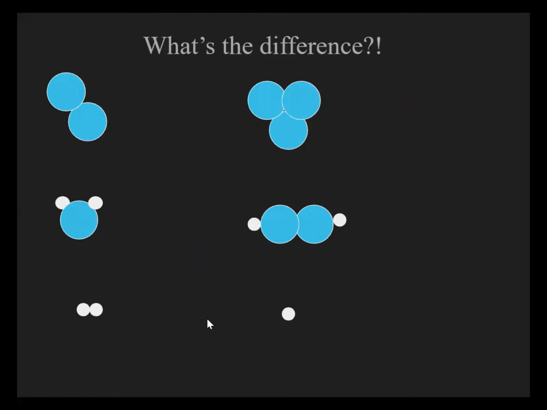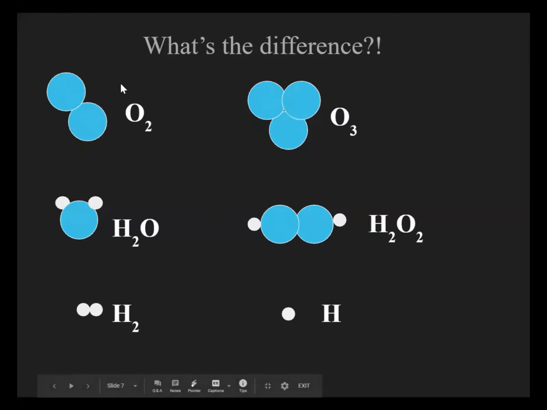All right, so let's look at these ones. You might be like, okay, we get it. If the formulas are different, they should be different. But I just want to hammer this home. Here we have O2, and here is O3. This is oxygen that you breathe; you'll die without it. And this is ozone. O3 is ozone, and it's a common pollutant.